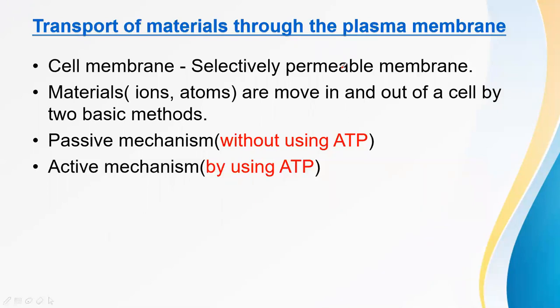You can go to page number 33 in your material. So, transport of materials through the plasma membrane. This cell membrane or plasma membrane is also known as a selectively permeable membrane.